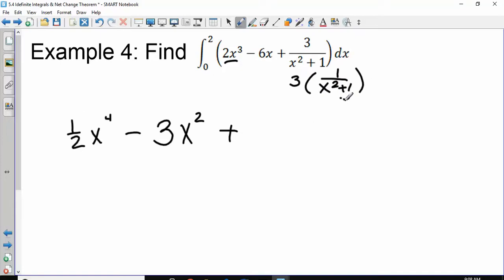Didn't I do a problem yesterday involving the antiderivative of 1 over x squared plus 1? One of your homework questions, remember I worked it out for you? It was a special form. What are you doing there with 3? Go back to the antiderivative of the 1 over x squared plus 1. Tangent inverse formula.